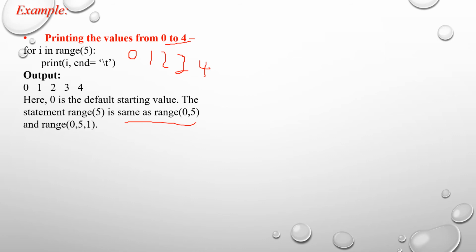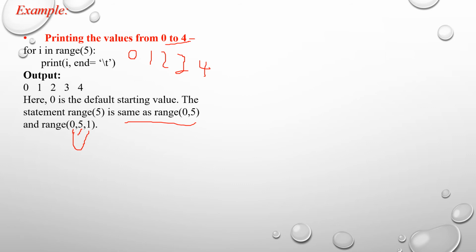It's the same as range 5 and range 0 comma 5 comma 1. Here 0 is the start value, 5 is the end value and 1 is the step value. Here 0 and 1 are the default values, so there is no need to specify them. The interpreter will consider them as 0 and 1.